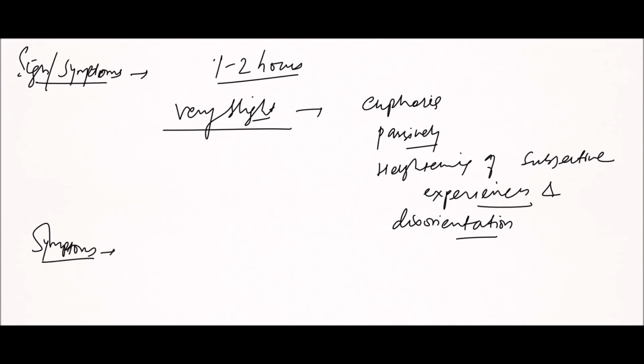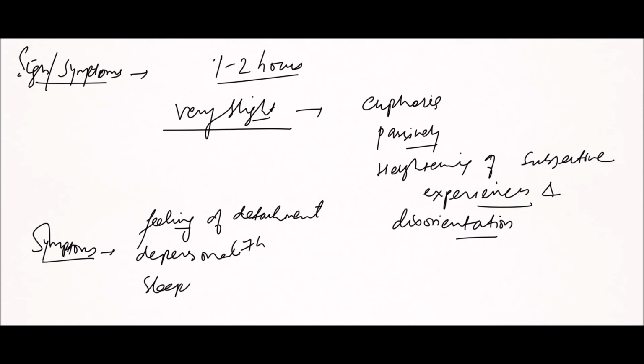Now the symptoms of intoxication. If there is cannabis intoxication, then there will be a feeling of detachment, depersonalization, increased sleepiness, unusual laughing and silliness, and rapidly changing emotions.